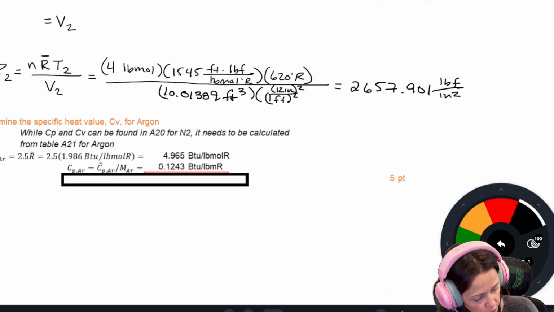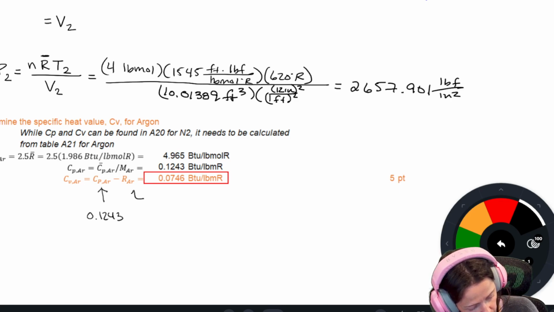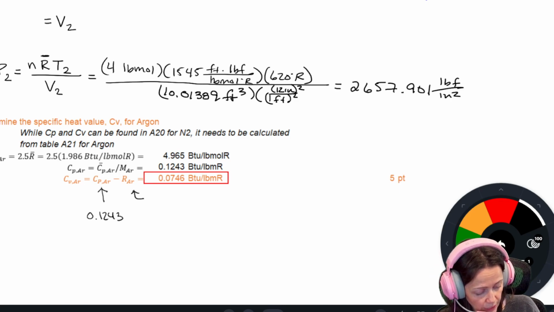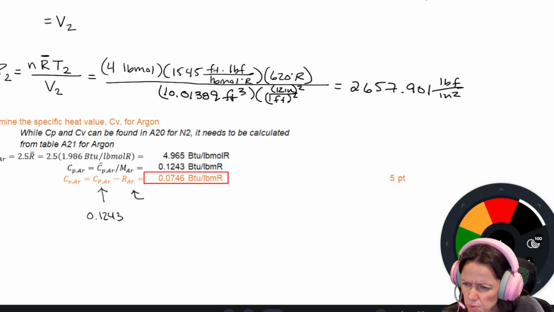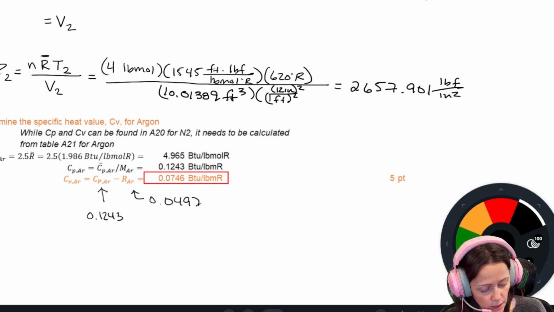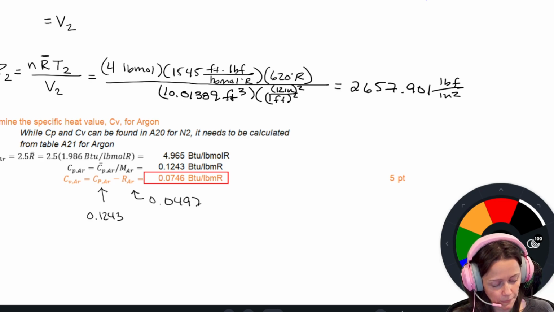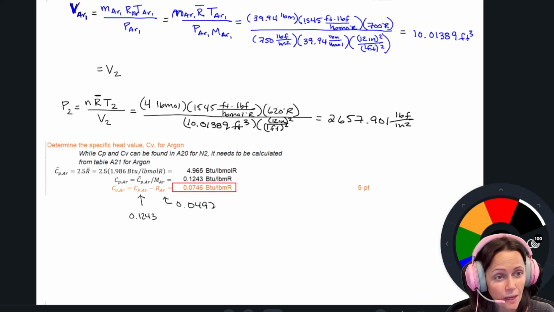If your Cp is 0.1243 BTU per pound mass degree Rankine, and your R was, what did we say, 0.0497 BTU per pound mass degree Rankine, then your Cv for that argon should be 0.0746 BTU per pound mass degree Rankine.